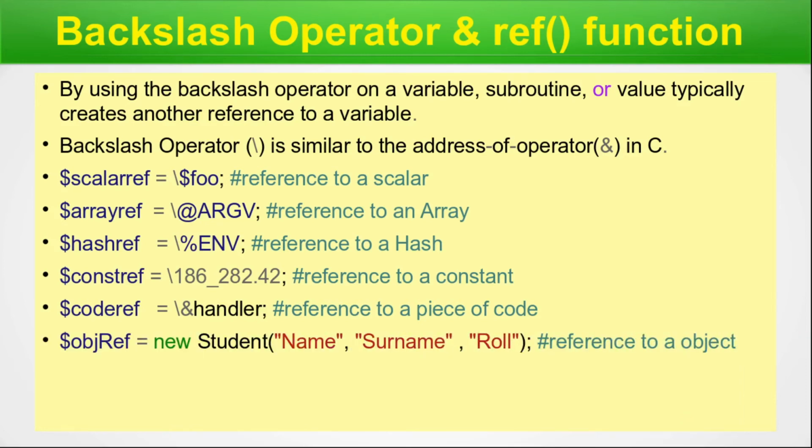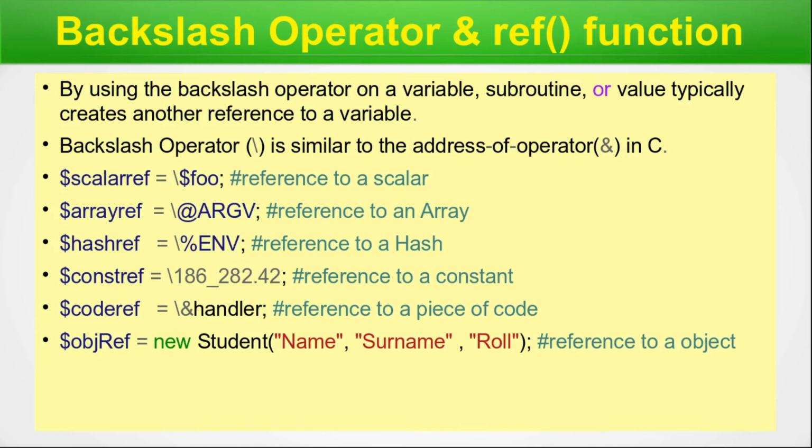Object reference. Before explaining this line, I'll tell you that in a subsequent episode we'll cover object-oriented PERL. If you know the object-oriented concept from C++ or Java, there we need to create an object of a class.